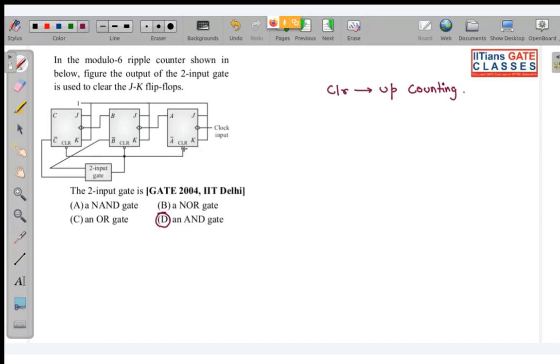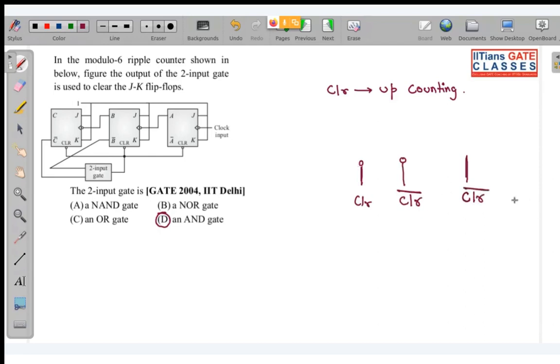Active low clear. Why? Because there is a bubble present over here, and I have told you that active low we can represent either as clear bar, or even along with clear bar.